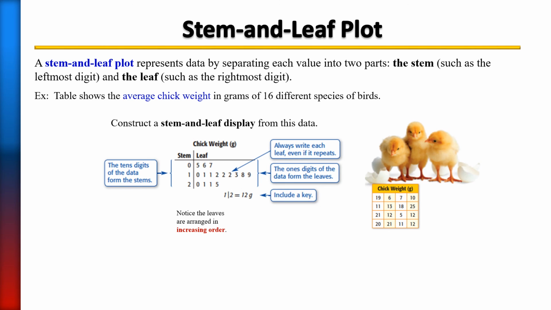Notice here that the leftmost digits, which is your tens place, that's called your stem. And the digits to the right are called your leaf. So starting at the beginning, and by the way, you should note that all your numbers should always be arranged from least to greatest, in other words, in increasing order.